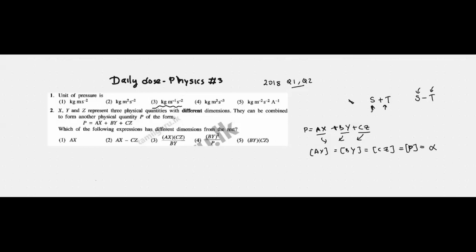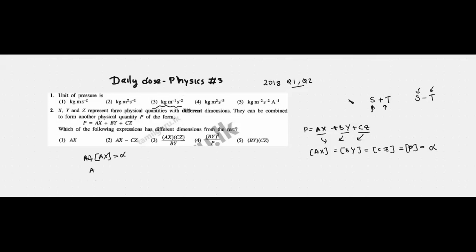It can be anything, I'm just taking it as alpha just for reference. So you can see the first one is ax, and ax has a dimension of alpha.